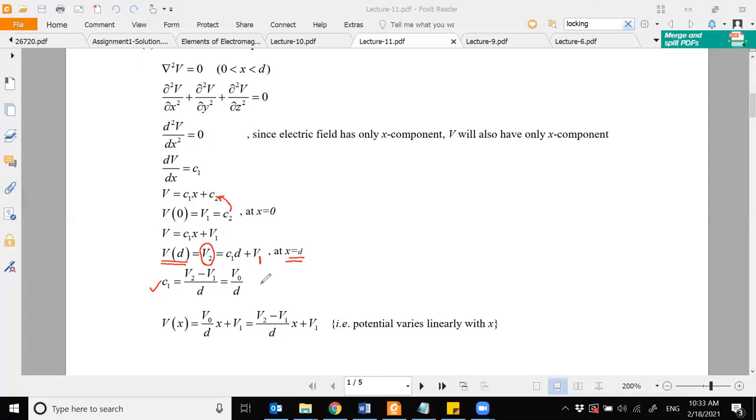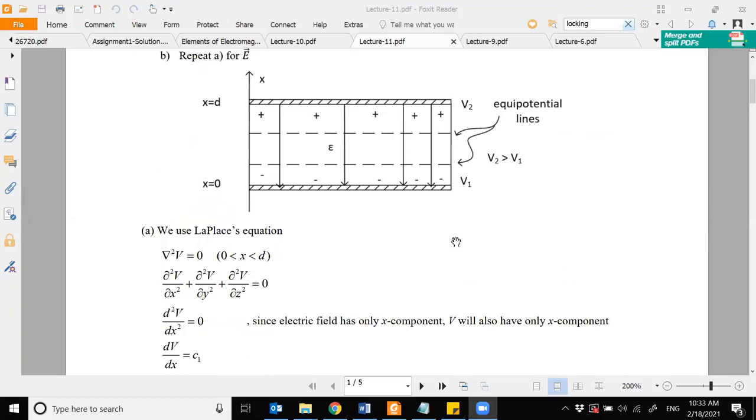And V2 minus V1 is nothing but the potential difference. See, this is V2, this is V1. So V2 minus V1 is our potential difference.